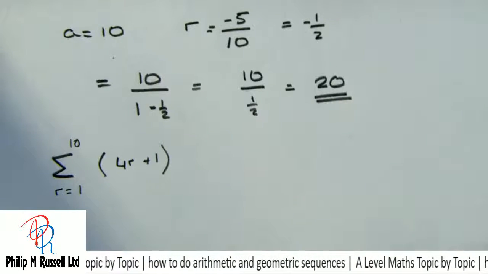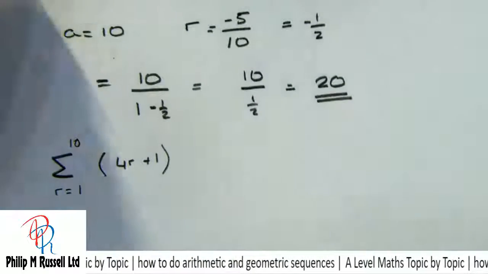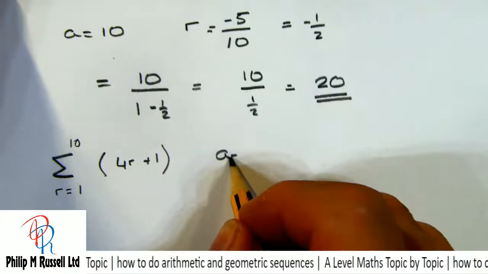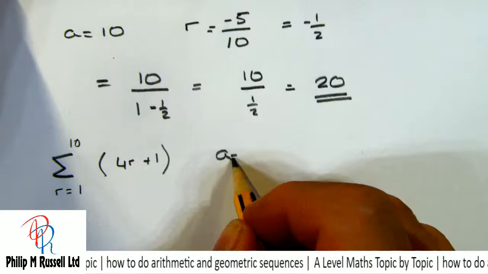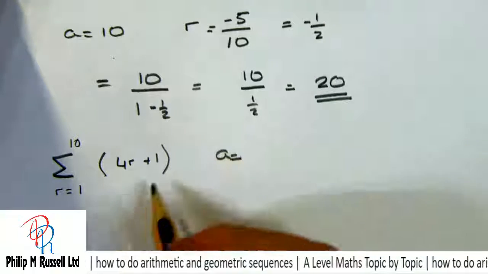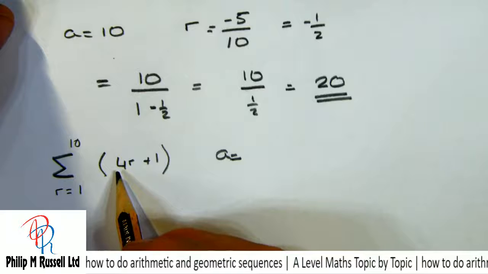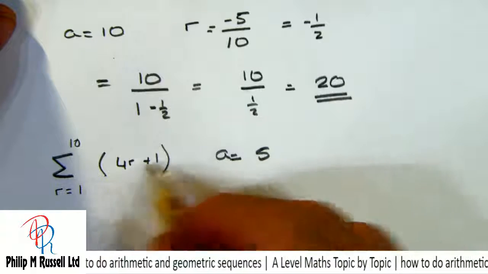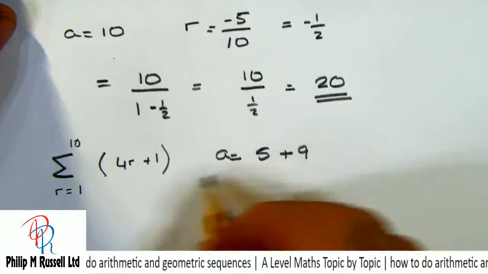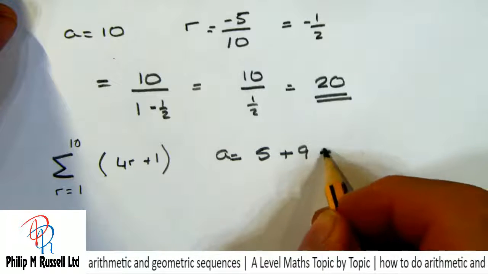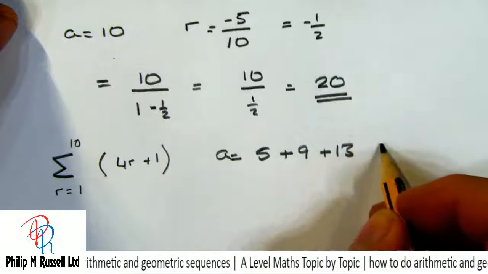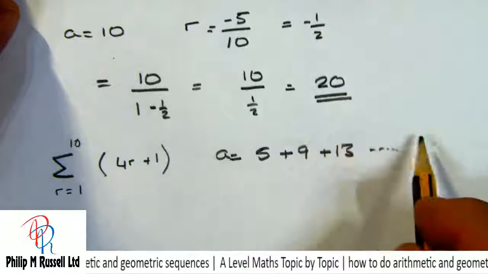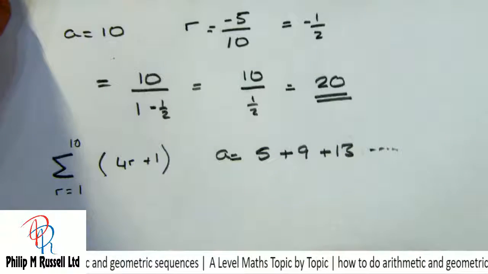So if we're trying to do that, let's see what we know. We know a here is going to equal 5, and then my next number would be 9, my next number would be 13, and so on, and we're going to calculate this up to the 10th term.